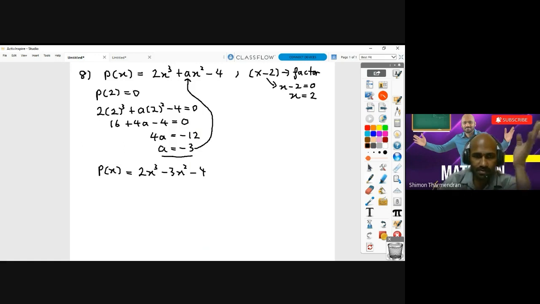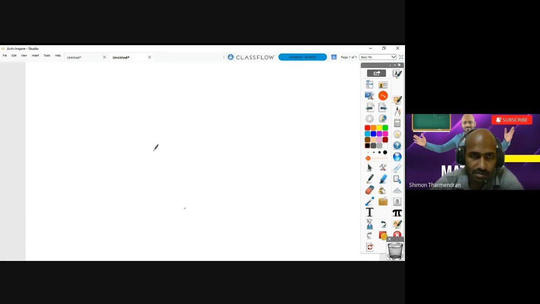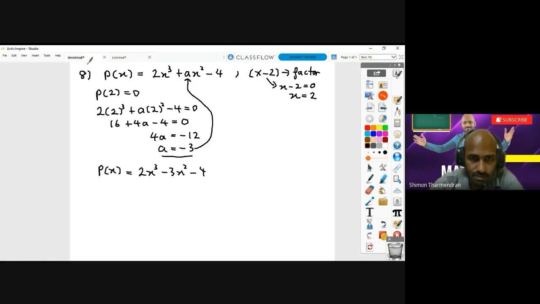Untuk pemfaktoran ini, we don't have any choice. We've got to do the long division. And if our answer is correct, we must get the remainder as 0. So let's move on to the next page to do the long division. And let's see if it corresponds. So let me just put that 2, minus 3, minus 4.